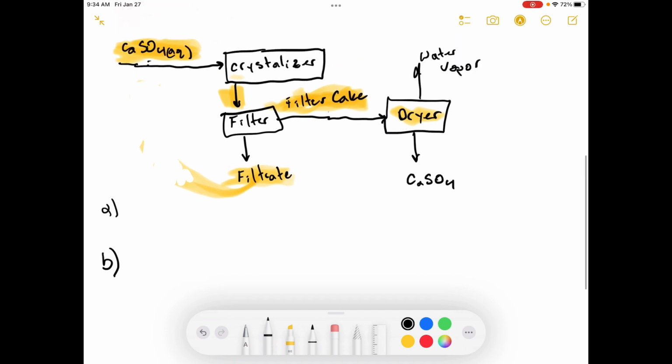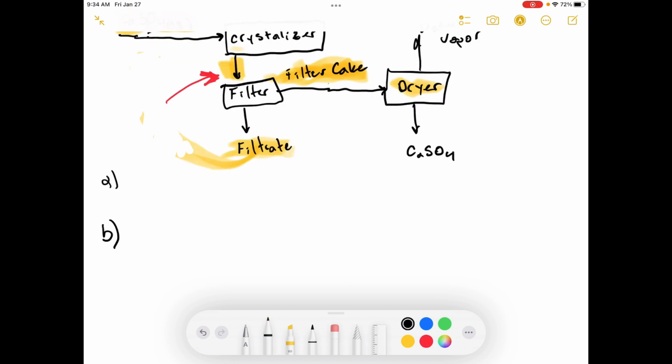Okay, so we're just analyzing this stream right here and nothing else. So we've got solid gypsum and a liquid stream coming out of the crystallizer. Okay, so let's draw a close-up on this crystallizer.